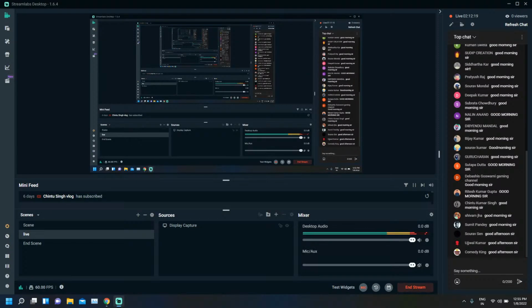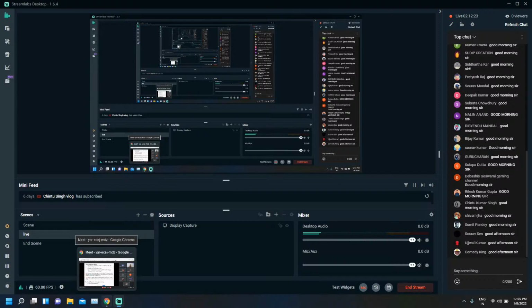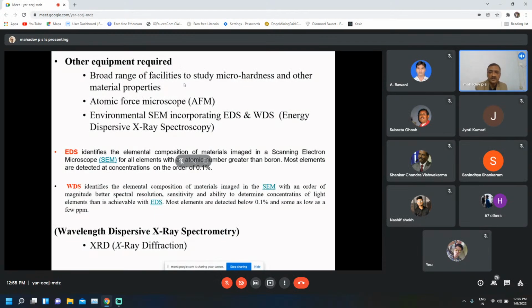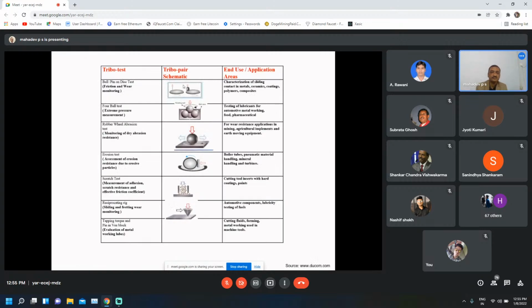EDS identifies the elemental composition of materials imaged in SEM for all the elements with atomic number greater than boron. WDS, that is wavelength dispersive spectrometry, can also be used along with the SEM, along with XRD, X-ray diffraction, to find out the elements and the amount of elements present in the material.